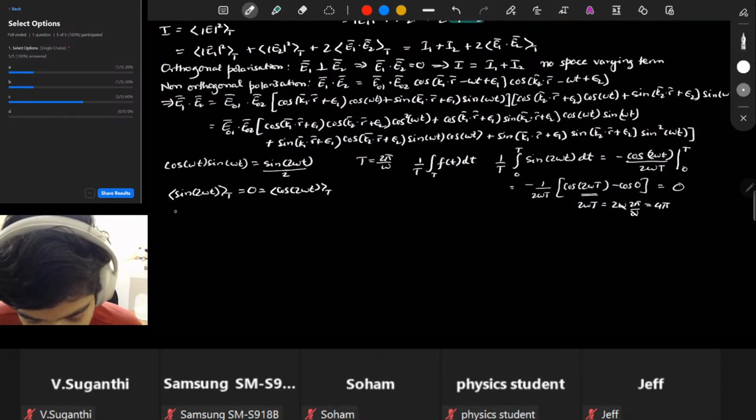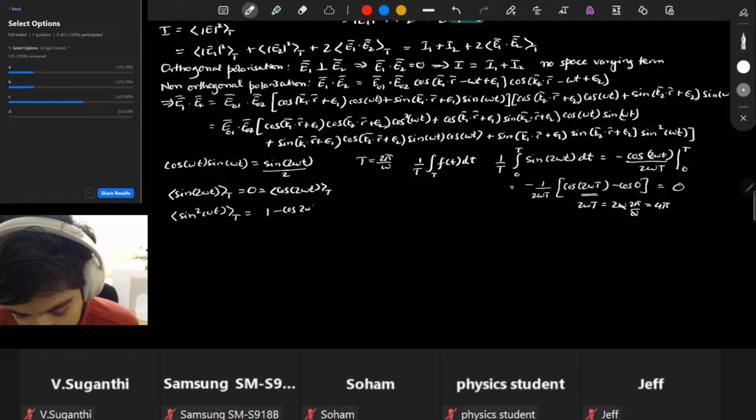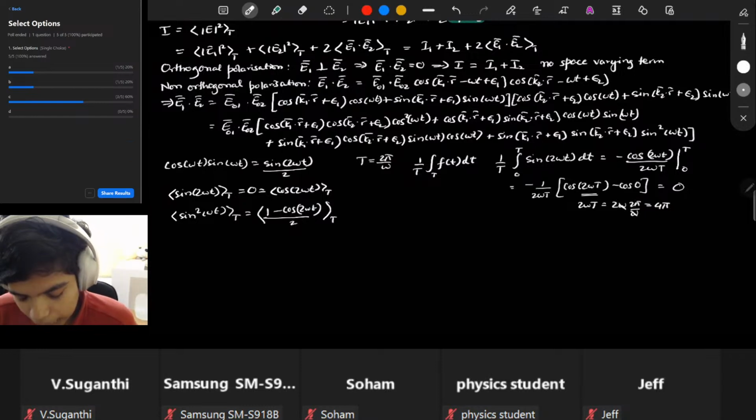Then we can also find the time average of sine squared omega t. By trigonometric identities, sine squared omega t is 1 minus cos 2 omega t over 2. We just saw that the time average of cos 2 omega t is 0, so you are left with 1 by 2.